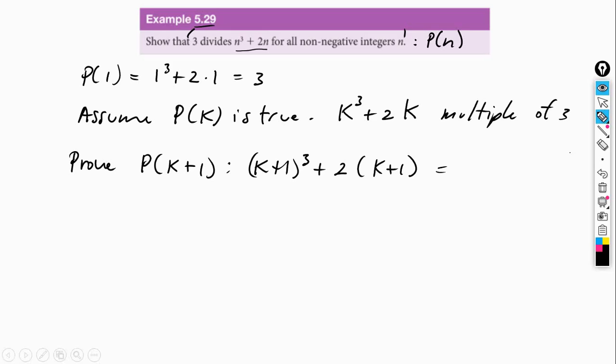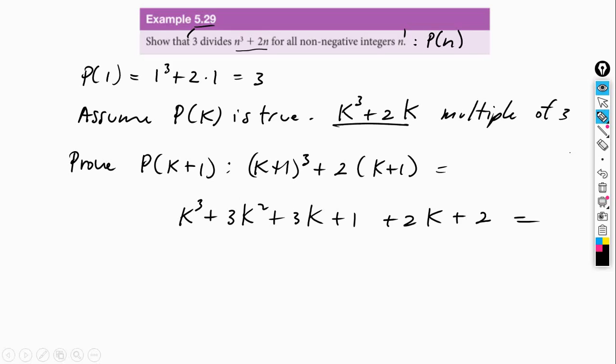Notice that this is equal to, and then once we have this expression, we need to use the previous fact. Notice that this we said is a multiple of 3, so we can group that, and we have k cubed plus 2k grouped together, and then put everything else together.